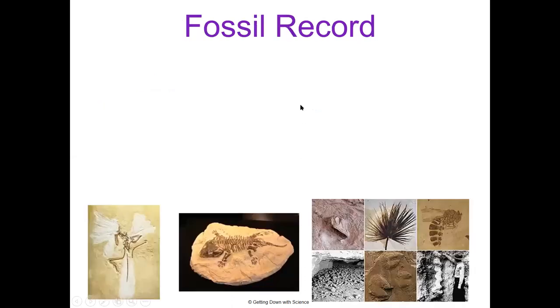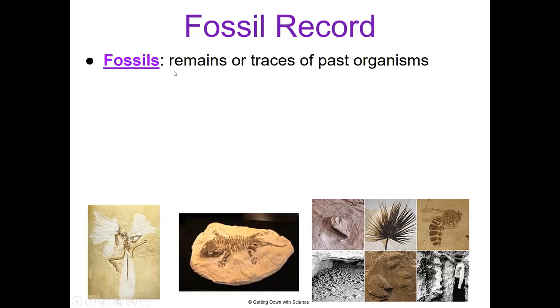Okay, so we're going to start with the fossil record. Fossils are remains or traces of past organisms. Here you can see down at the bottom we have pictures of a lot of different organisms. Now, the thing you have to remember is that not all organisms turn into fossils.